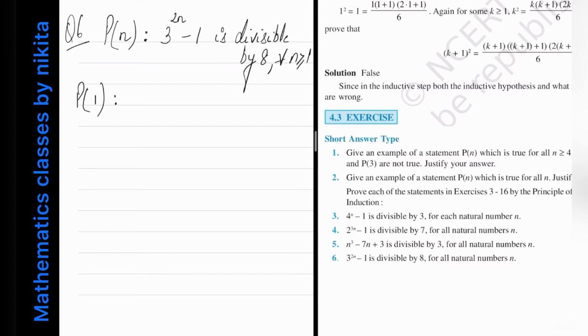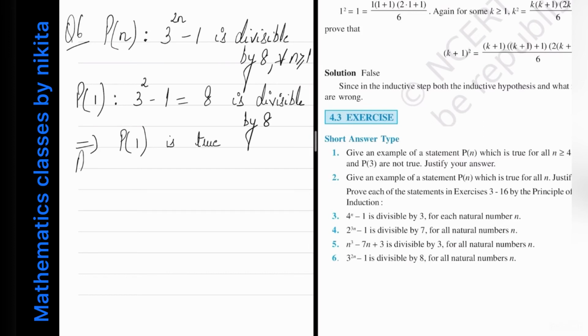is the statement that 3 to the power 2 minus 1, which is equal to 3 3s are 9, 9 minus 1 is 8, and we know that this is divisible by 8. So this implies what? That P of 1 is true.